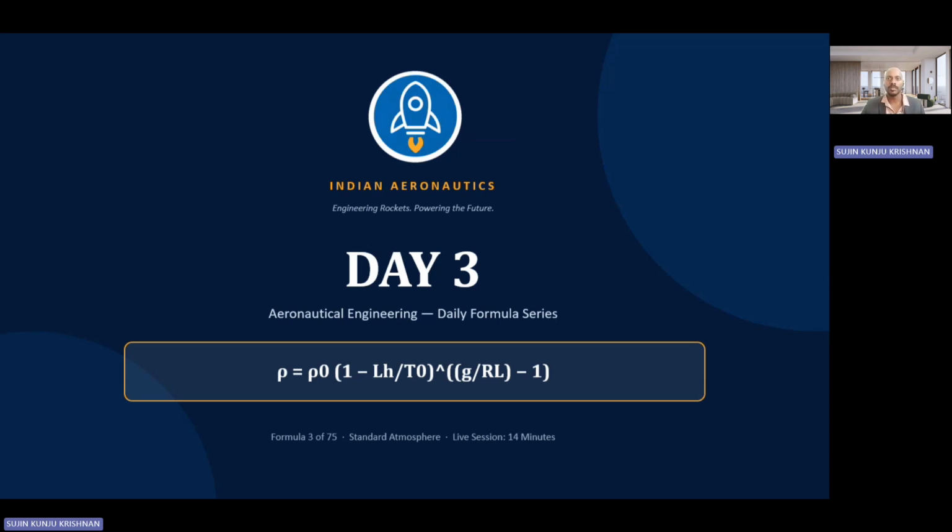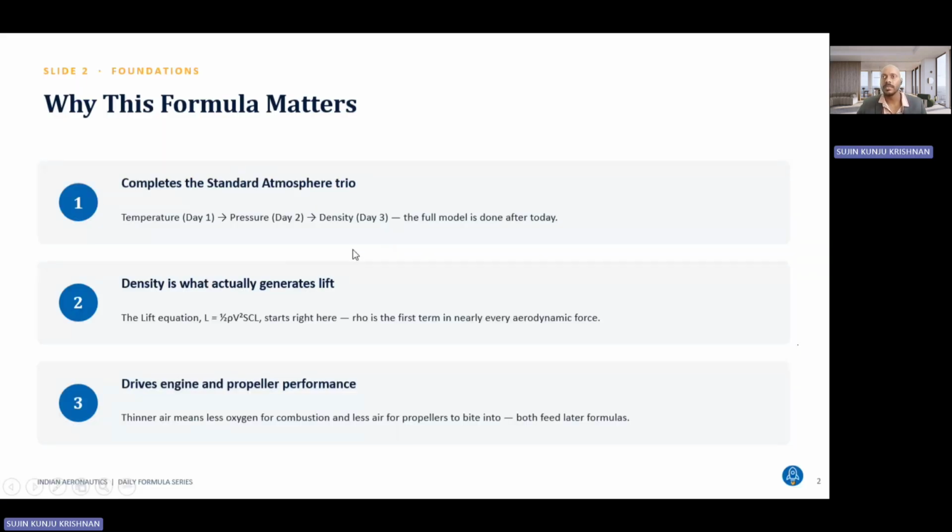Notice how similar this looks to yesterday's pressure formula. Same bracket, 1 minus LH over T0. The only difference is the exponent. Instead of G over RL, it's G over RL minus 1.